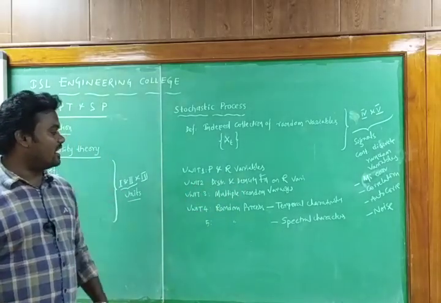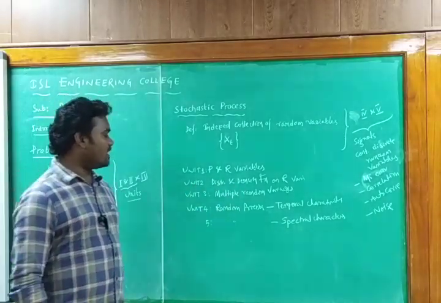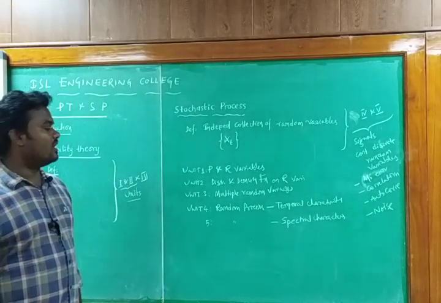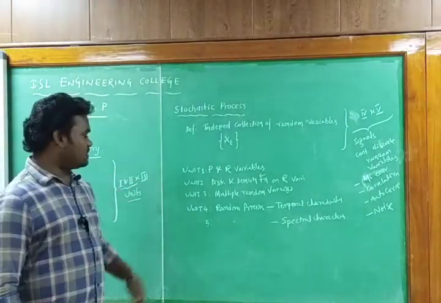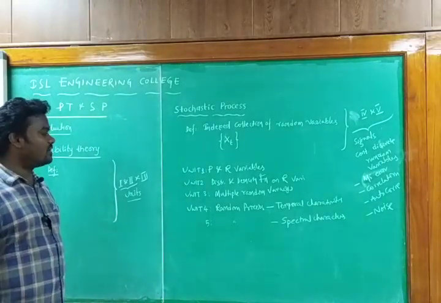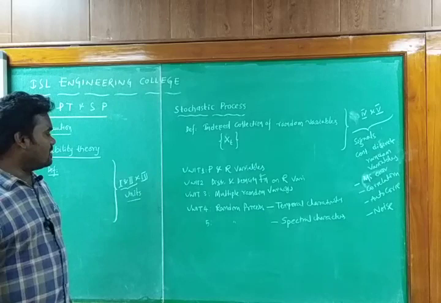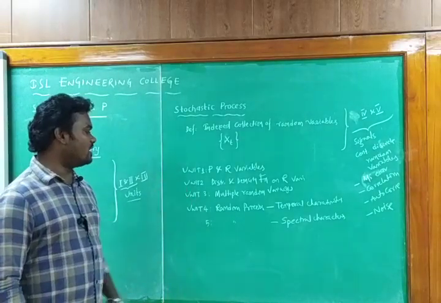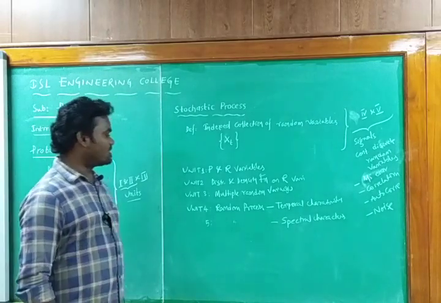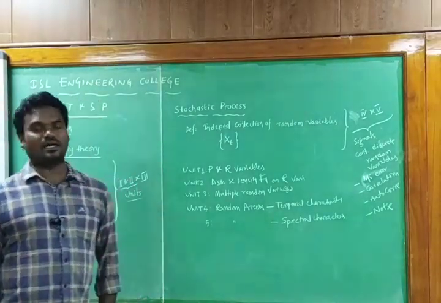We have to calculate density, and we have to calculate the distribution function of the random variables. This second unit deals completely with mathematics. Coming to the third one, multiple random variables. This is an extension of the second unit, so we have to be good at the second unit in order to understand the third unit.